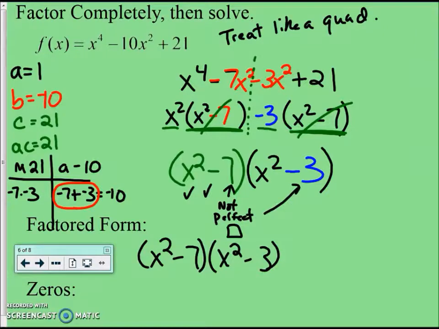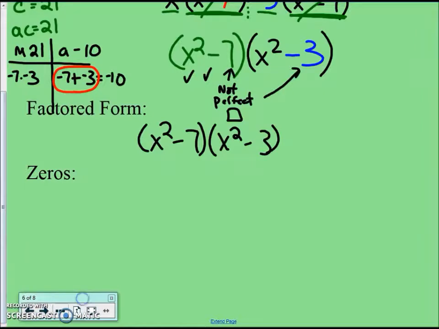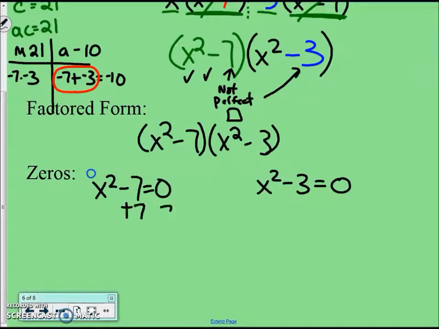Now we're going to find our zeros here. So what are we going to do? Well, we're going to set each of our factors, x squared minus 7 equal to 0, and x squared minus 3 equal to 0. Add 7 to both sides, and we get x squared is equal to 7.